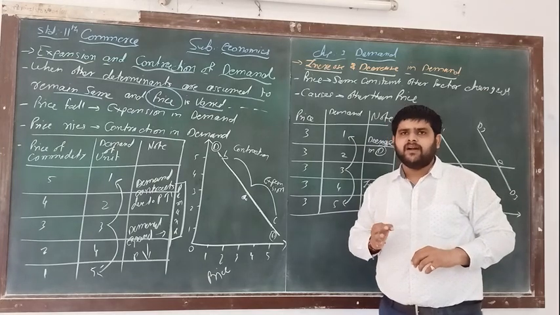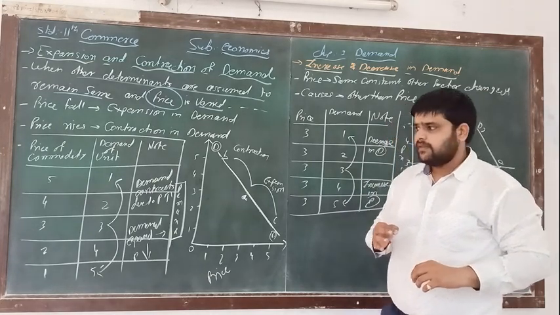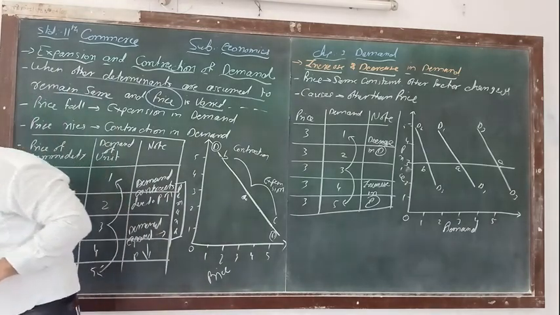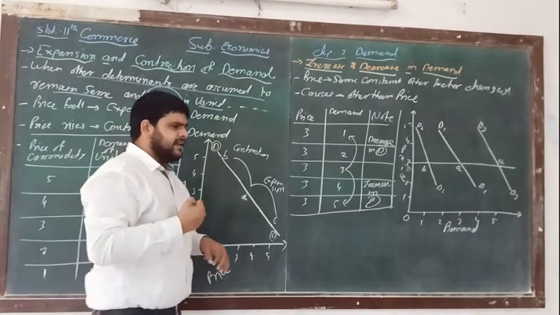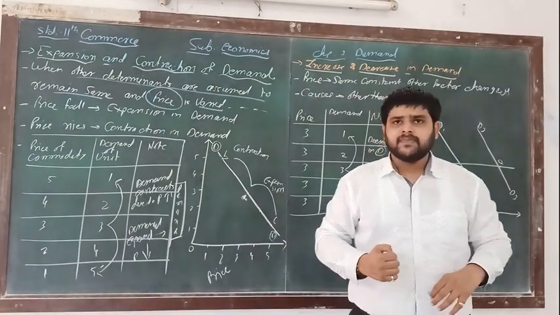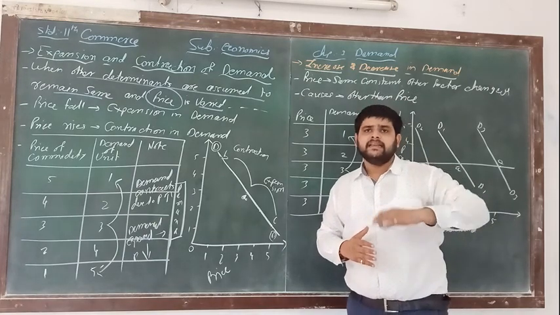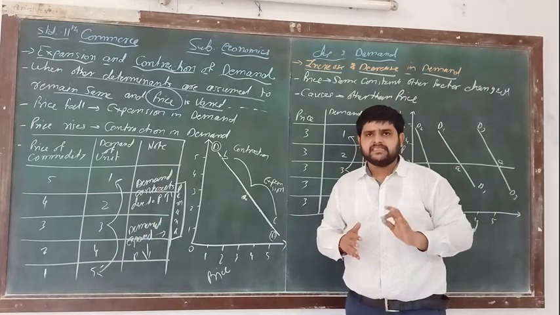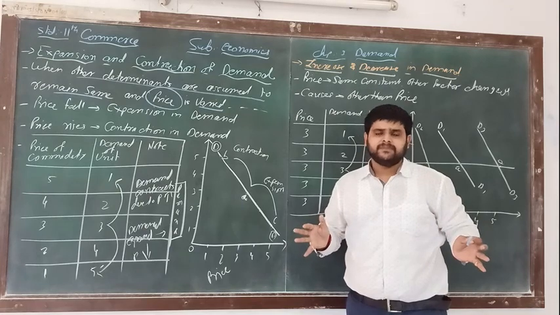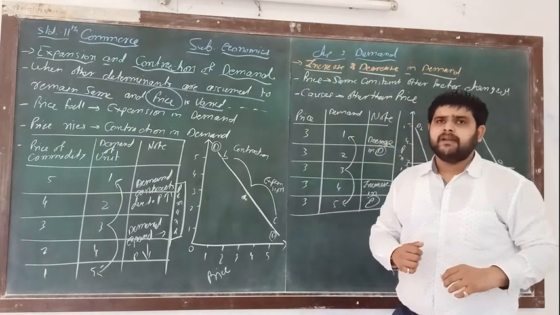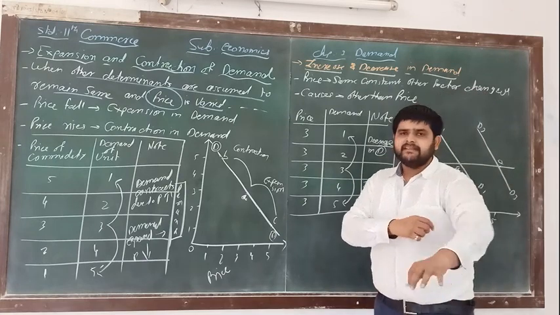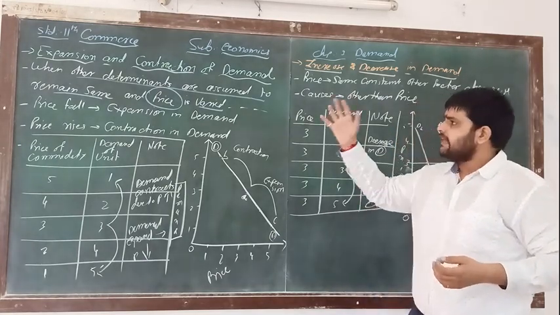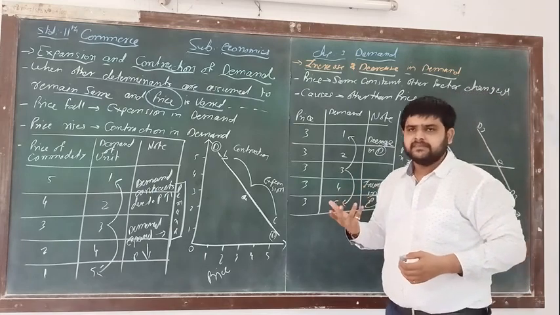And this particular word we already used in the law of demand. As we discussed, what do you mean by law of demand? If other things remain the same, if price increases, demand contracts; if price decreases, demand expands. So here, if price varied, then we can say there is a change in the demand.